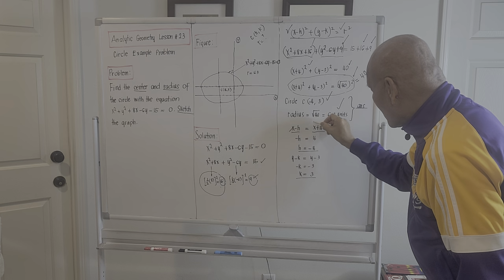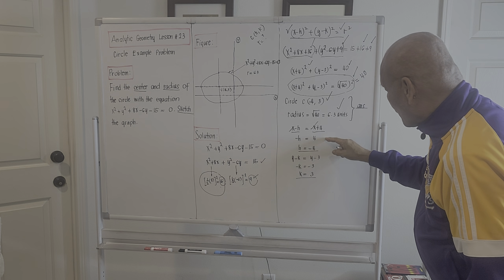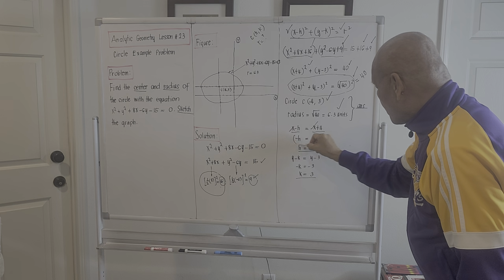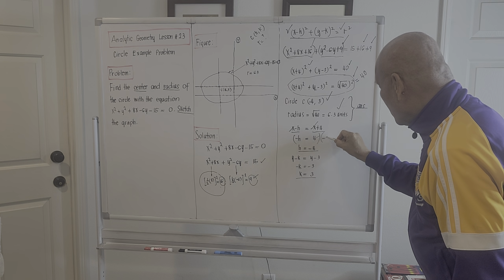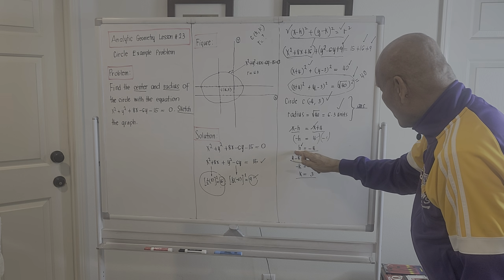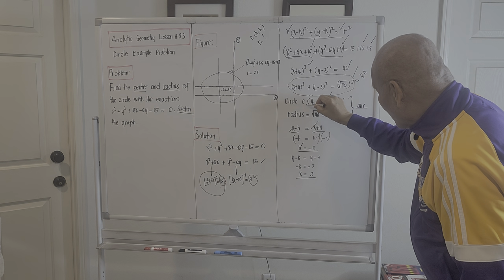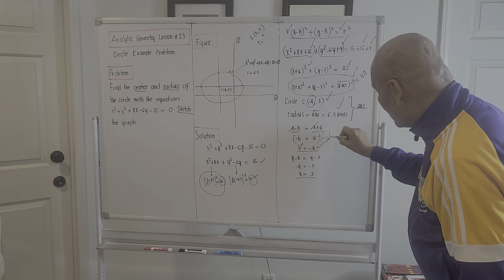So this x here cancels with this. So what will come out will be negative h equal to 4. Then we'll multiply this by negative 1. So h now, a negative will be positive h, and h now will be equal to negative 4.